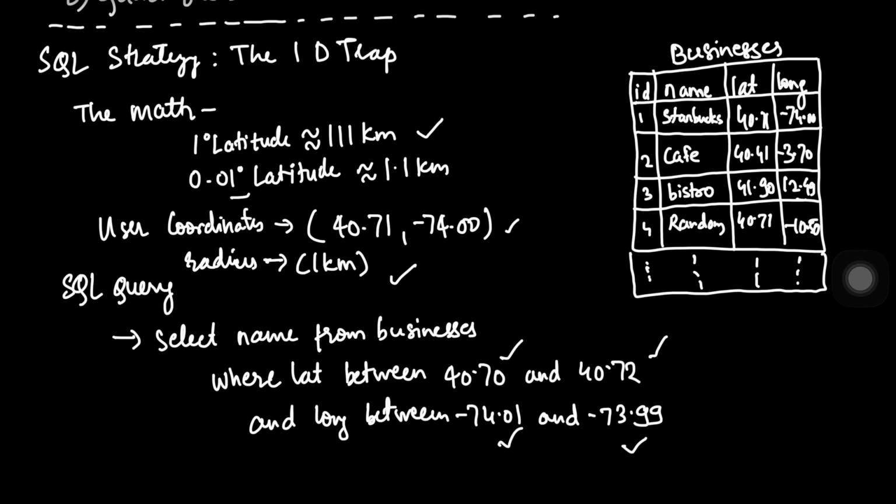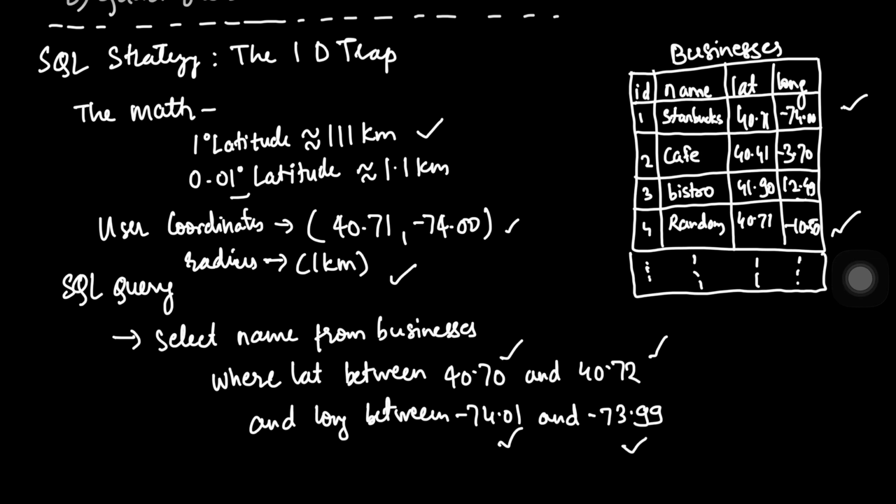And here is how our database is actually going to look at it. When we fire this particular query, we see that the Starbucks row gets filtered out. But with the Starbucks row, we also get this randomly named restaurant row filtered in as well. But if you see, it is not in the longitude range.